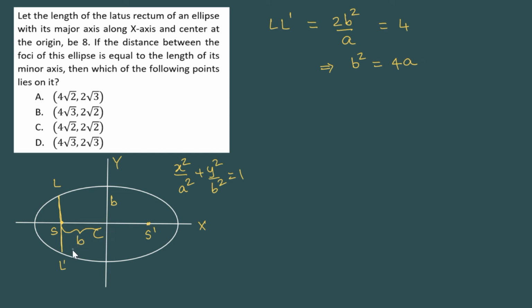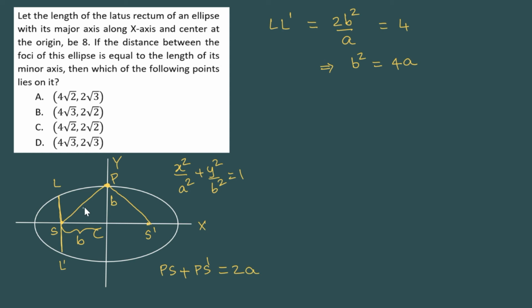There is another very important property of the ellipse. If you take a point on the ellipse, the sum of the distances of that point to the foci is equal to the length of the major axis. So here conveniently, if I take this point on the y-axis and take the sum of these two distances, PS plus PS prime must be equal to 2a.